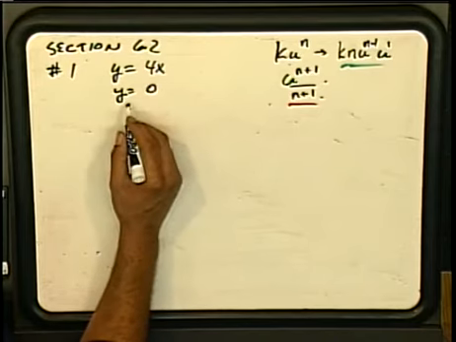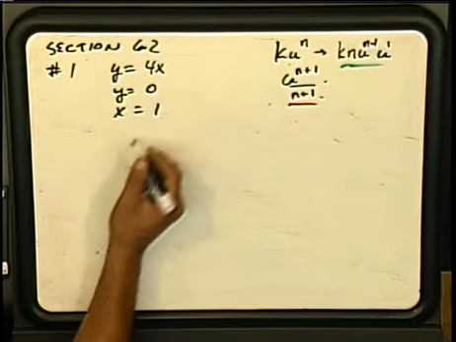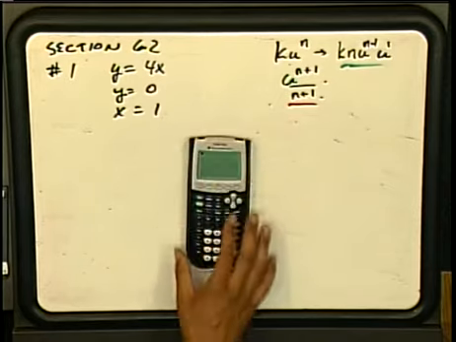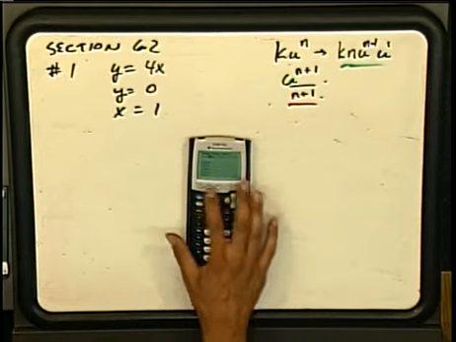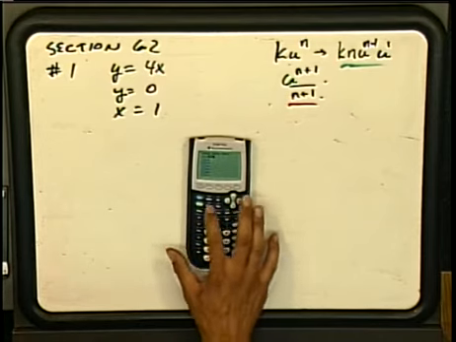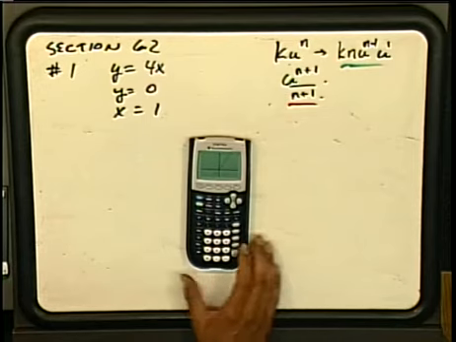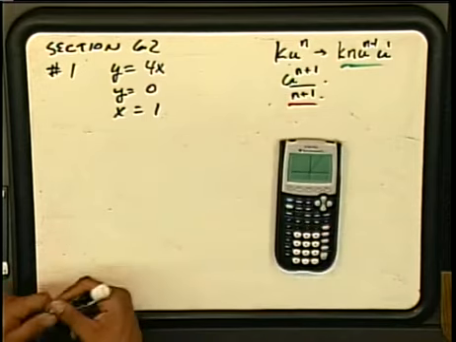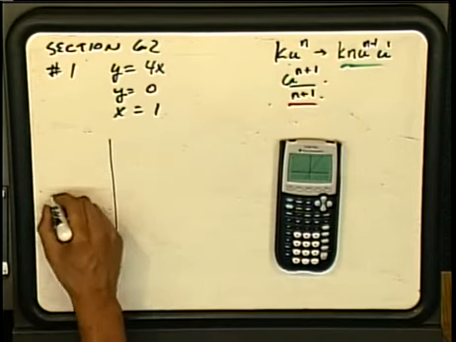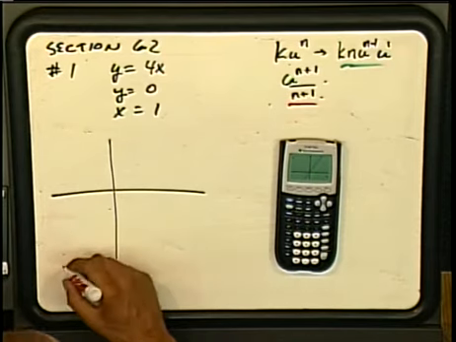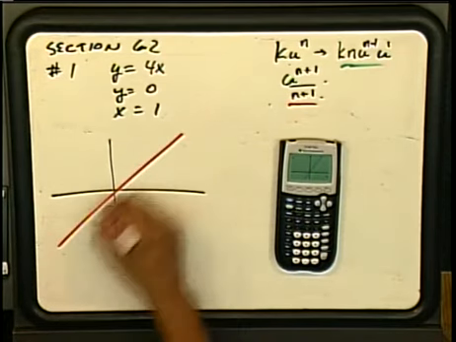Boundaries are y equals 0 and x equals 1. So first thing we want to do is graph the function y equals 4x. It looks something like this.